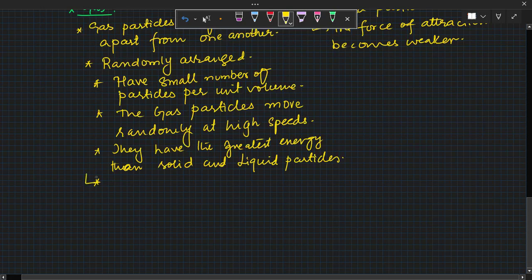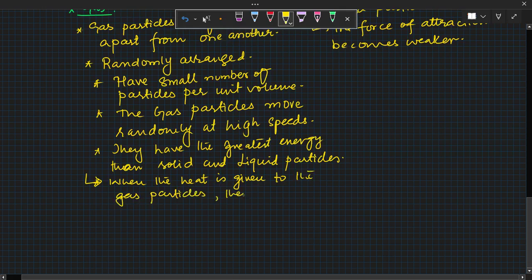So what happens when heat is given to the gas particles? They start vibrating faster. They collide faster.